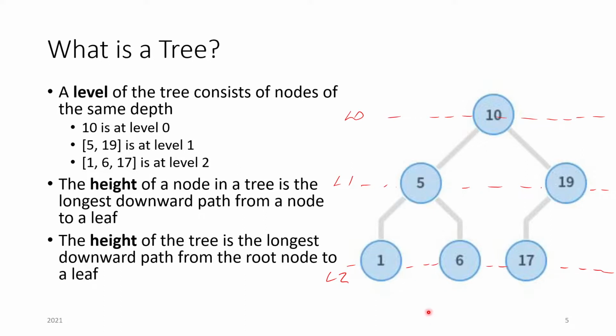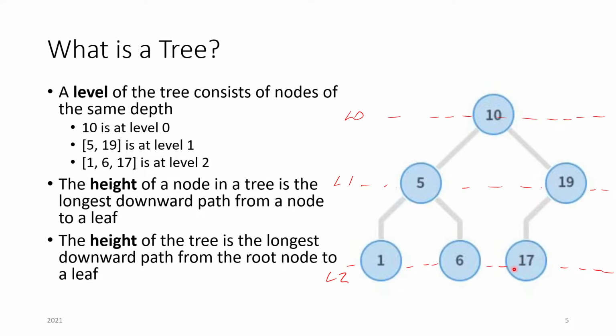Yeah, sure. So the height of a node in the tree is that you select any node within the tree and then you go down towards a leaf, and the difference in levels would be the height of that node. So if we try to find, let's say, the height of 19 here, we go from 19 to any available leaf that it is connected to.